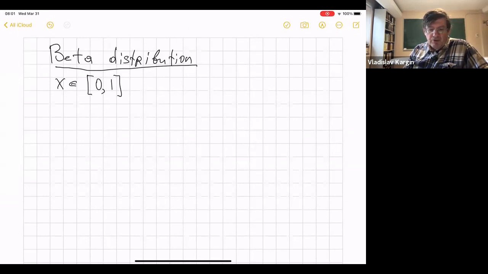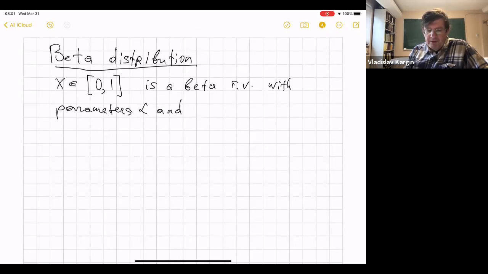And it's called a beta random variable with parameters alpha and beta, and these parameters should be greater than 0, so otherwise it doesn't work.